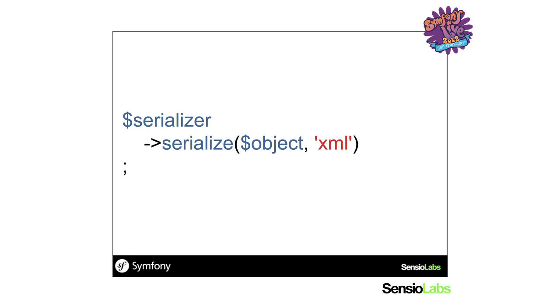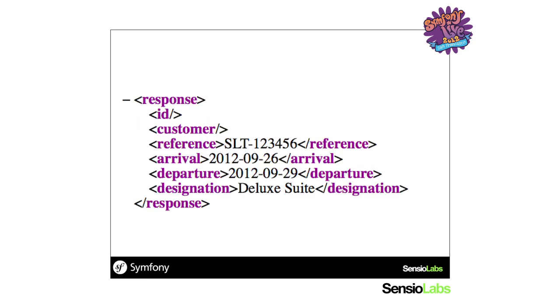And if you use the JSON encoder, you will have the JSON output. So by default, the output is like this. You have a response root node, and for each property, you will have a node that contains the value of the property.